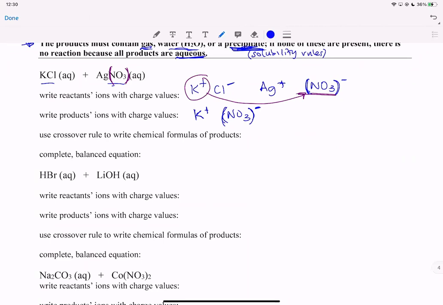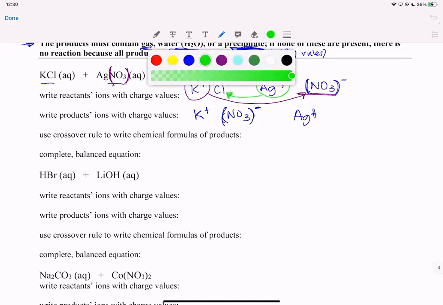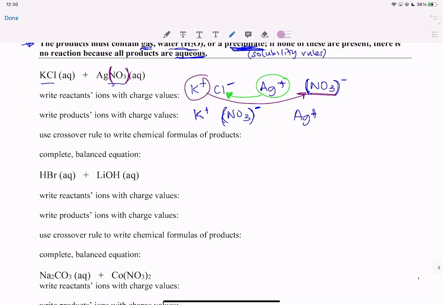Why am I going to write the Ag plus instead of Cl minus? Because the positive charge is always first in a chemical formula. So Ag plus needs a new partner, and this Ag plus will look for another new partner that's negative charge, and that's going to be Cl minus. So it's not like it's actually going backwards or anything. It's just that each positive charge needs a negative charge, and the positive charge is written first.